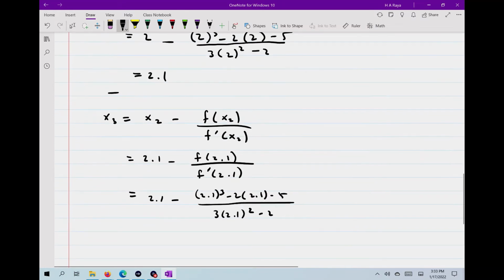And we compute this value. We don't get the exact value, we get an approximate value. We get approximately 2.094568121.